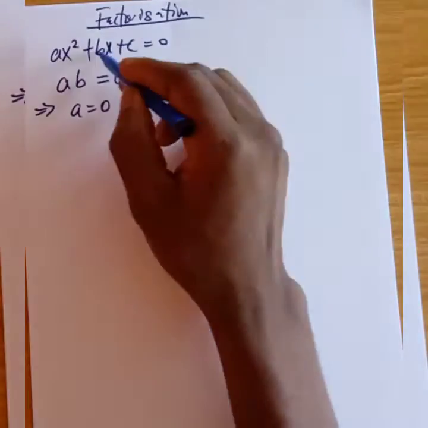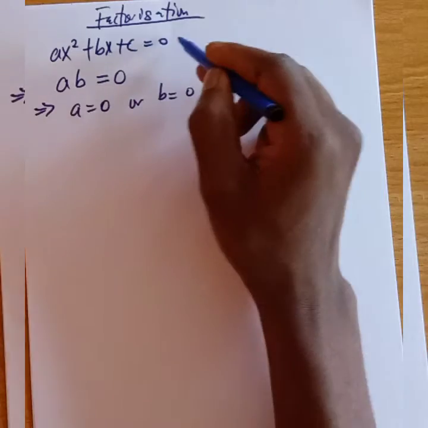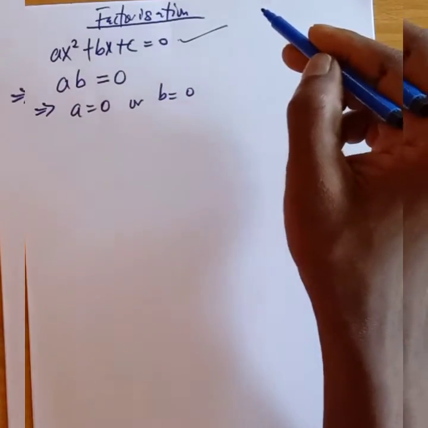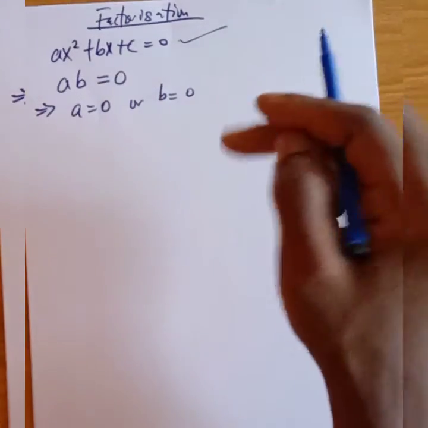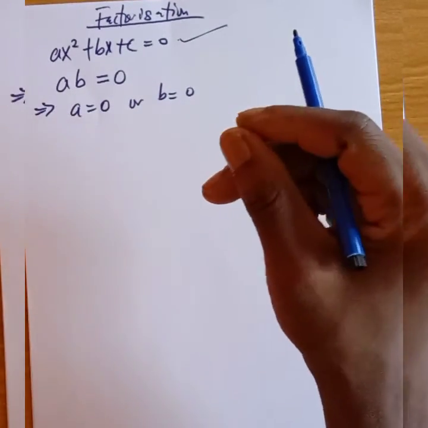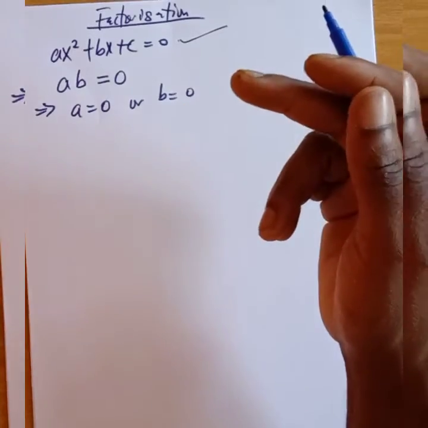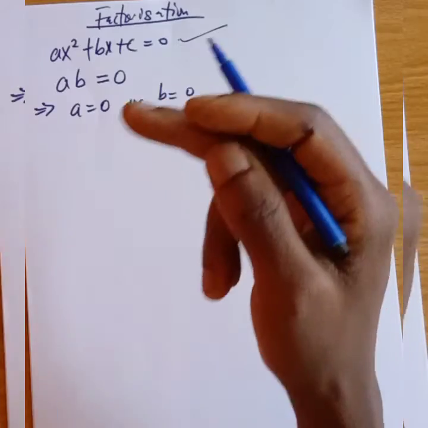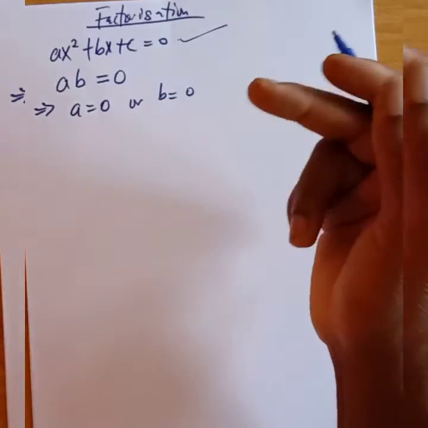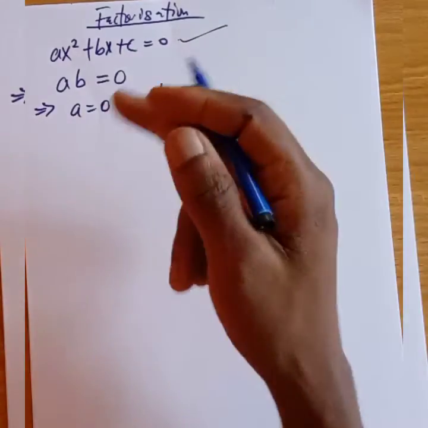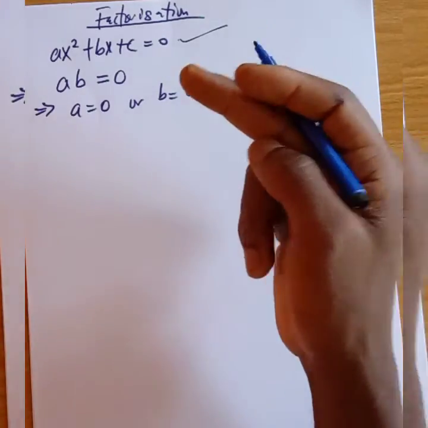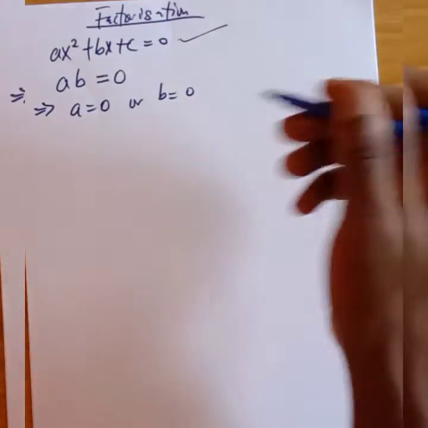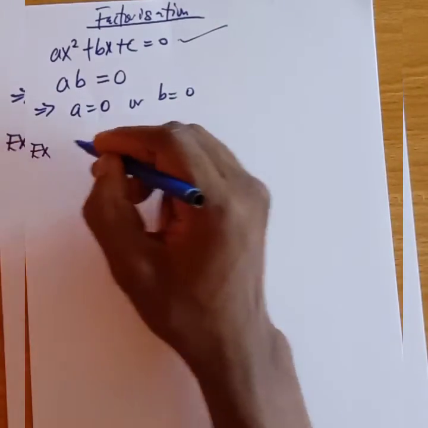So we try to factorize the quadratic equation into its factors. That is, what are the two algebraic terms that must be multiplied together to give me the quadratic term? If I can get that, I will equate one to 0 or the other one to 0, because for two numbers to have been multiplied to give us 0, that means one is 0 or the other one is 0.